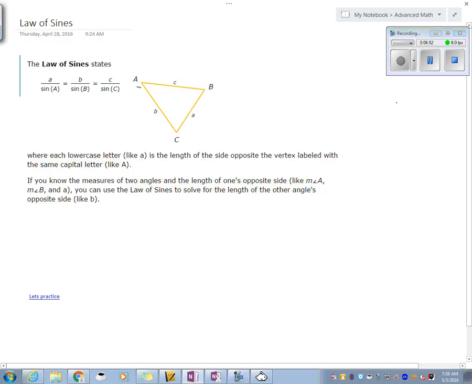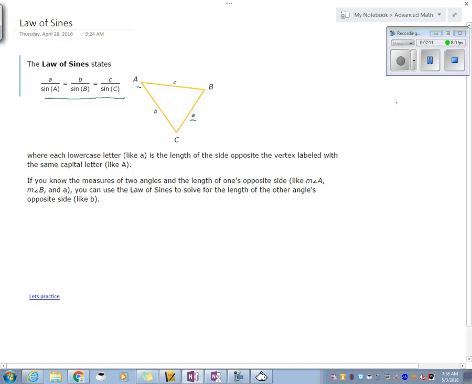Little a represents the side across from it. Okay? And here is the equation that you will need to take a look at. So if you're watching this on video, go ahead and pause and get that copied down, because you will need to turn these notes in.